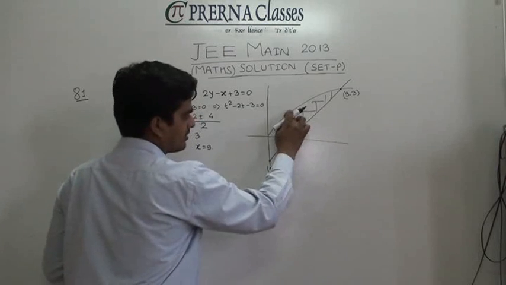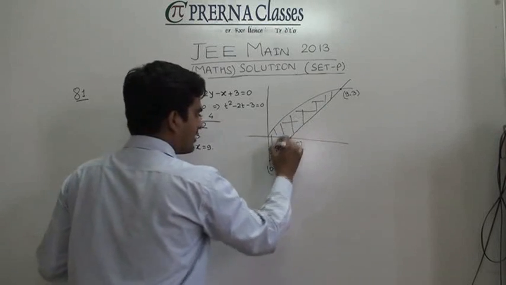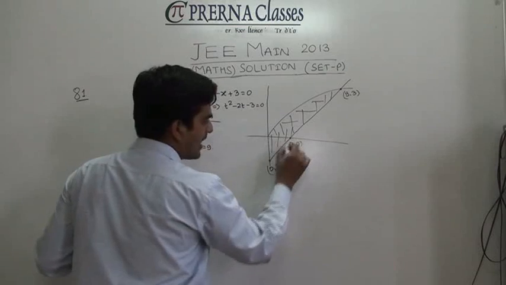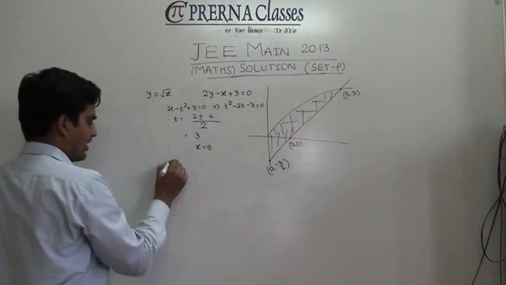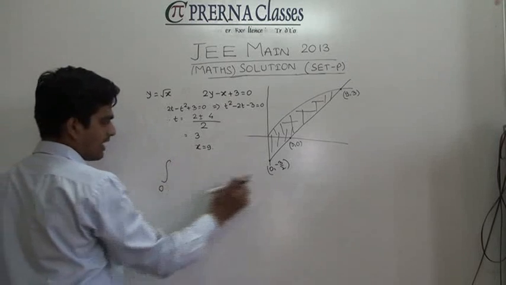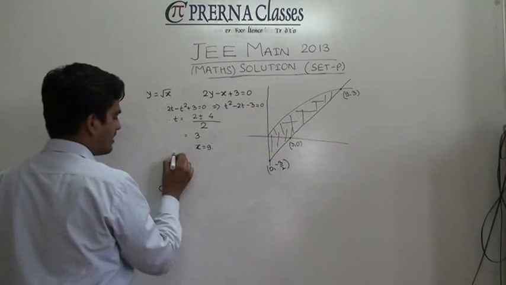To find this particular area, we need to break this area into multiple parts. But if I consider this complete area and subtract this right angle triangle, that would be much easier. So for this complete area, you need to start off with x equal to 0 to x equal to 9.